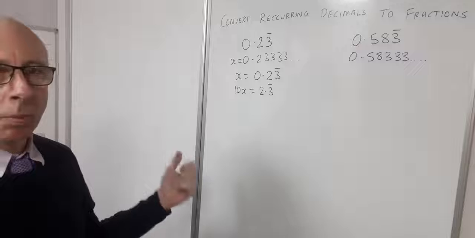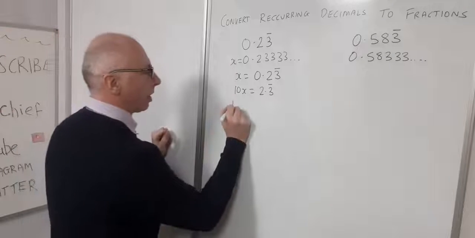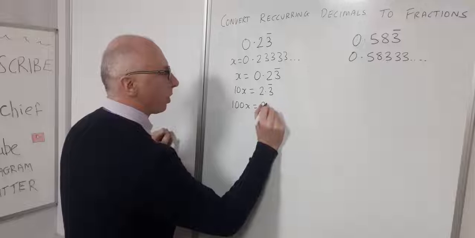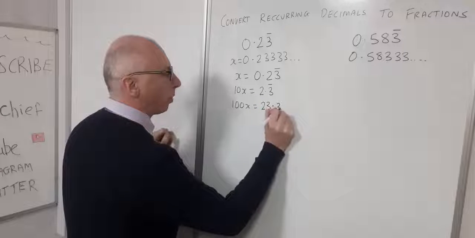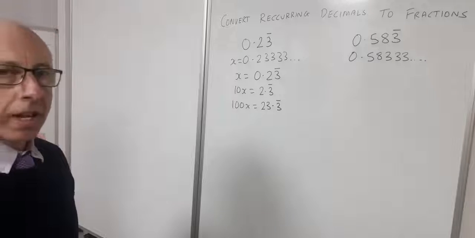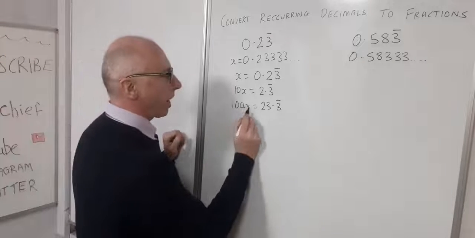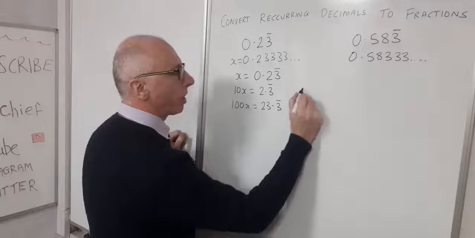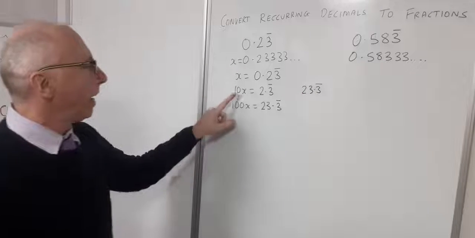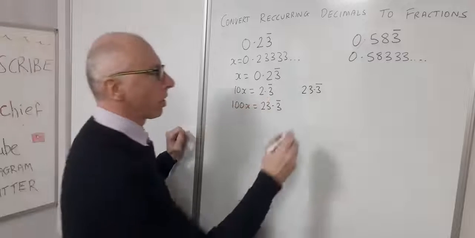So what about if we multiply by 10 again? So 100x would equal 23.3 recurring. So now you'll see our 100x is 23.3 recurring, and our 10x is 2.3 recurring.